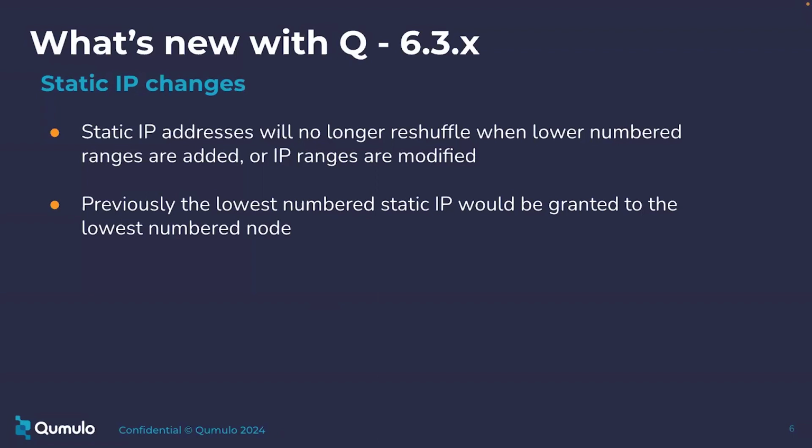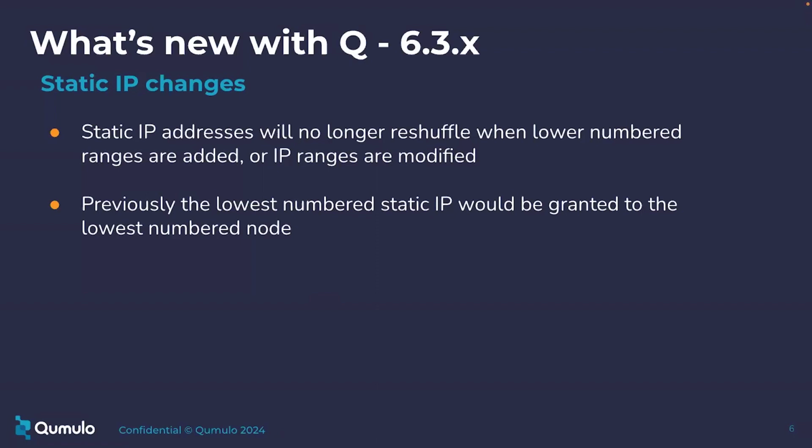Before, if you had nodes 1 through 4, added some new nodes and changed the IP assignment to include an IP that was lower than was previously there, the node persistent IPs and floating IPs would all reshuffle. Mostly this applies to the persistent IPs. They'd reshuffle where the lowest numbered node would get the lowest new IP that's been assigned.